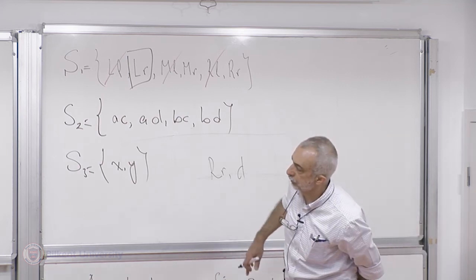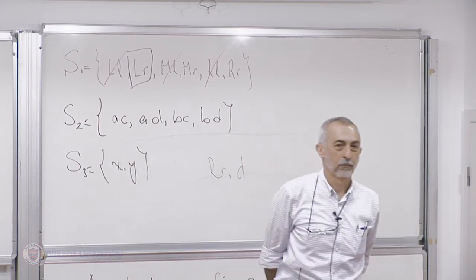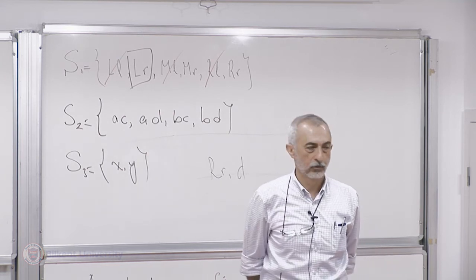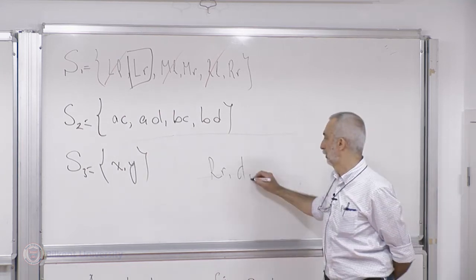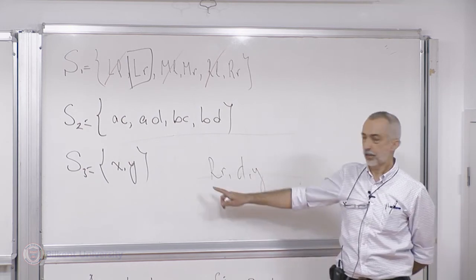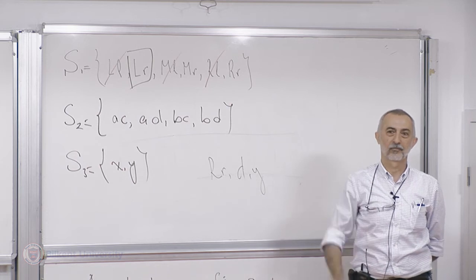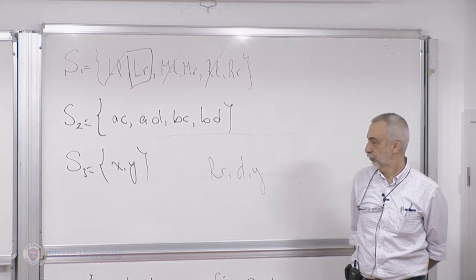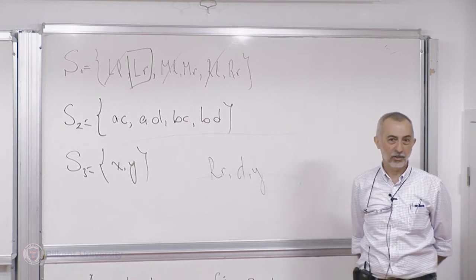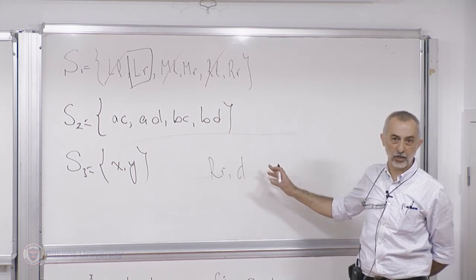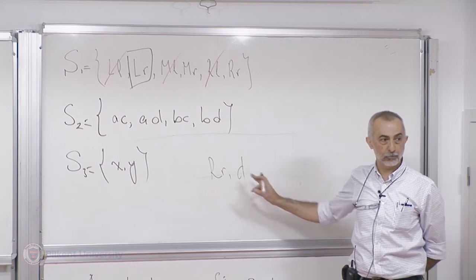We should also have the action of player 3, which is? Why? We have a profile, right? A strategy for player 1, a strategy for player 2, a strategy for player 3. Should it be B? D. Exactly, right? So the initial thing that I wrote cannot be correct. First of all, it's not a profile.